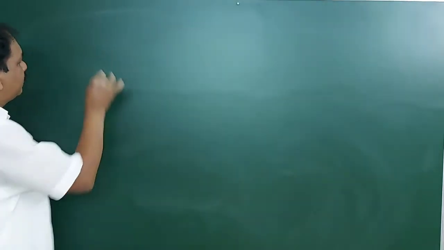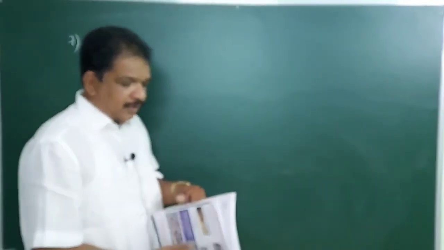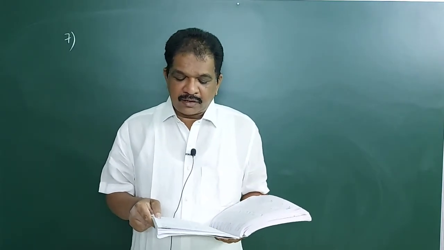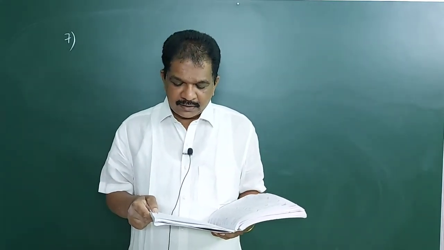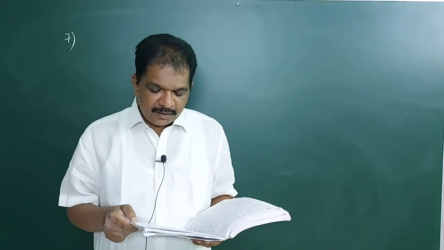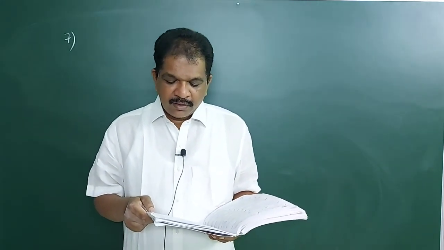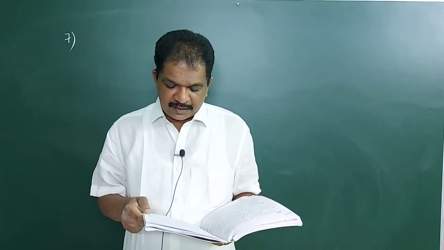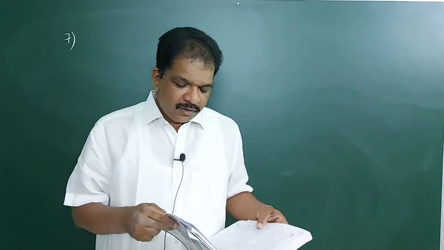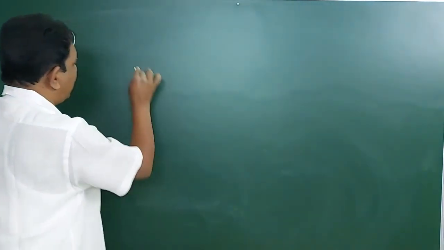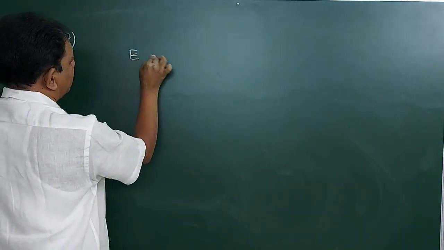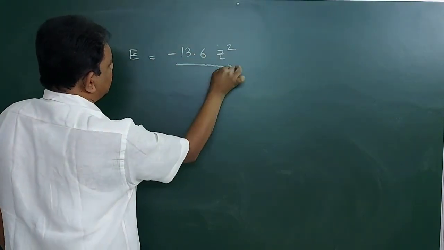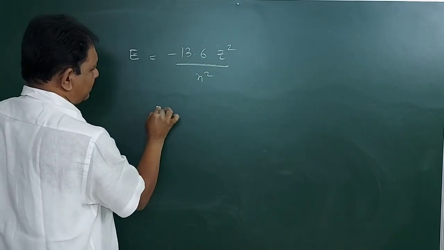Okay. Next, seventh question. What they are asking: energy of hydrogen atom in the ground state is minus 13.6 electron volt. The energy of helium atom in the first excited state will be. So this value E is equal to minus 13.6 Z square by n square.